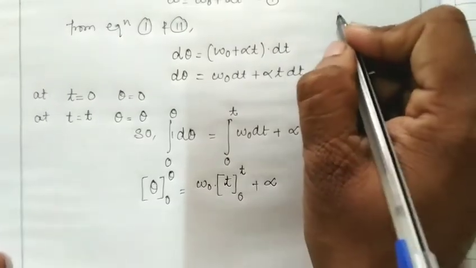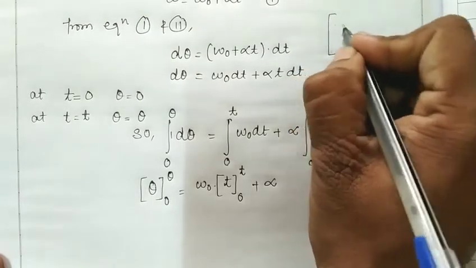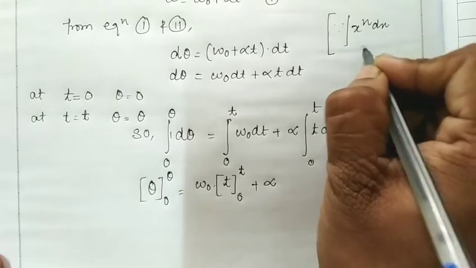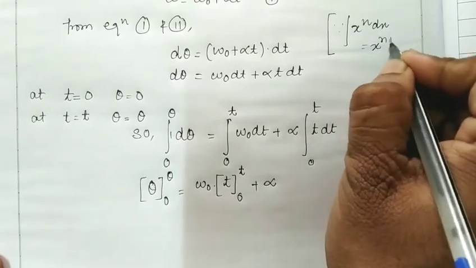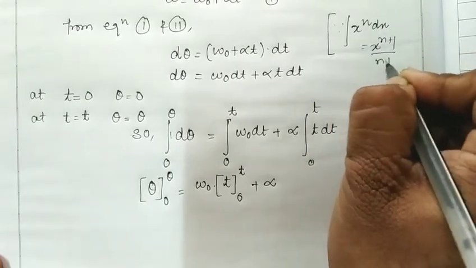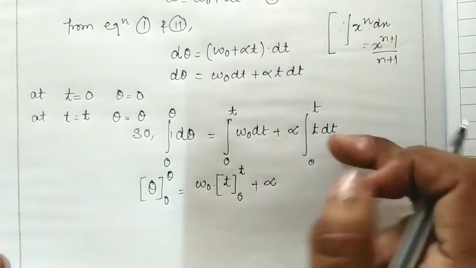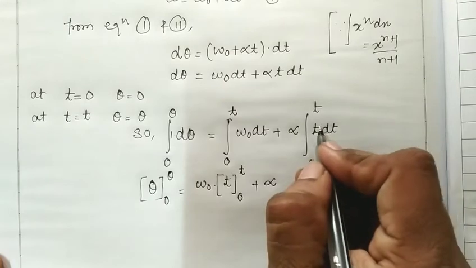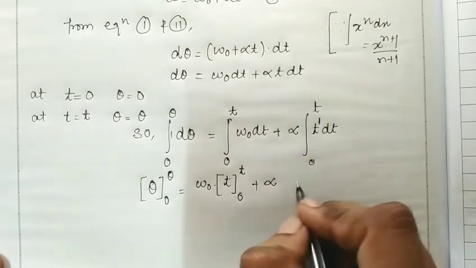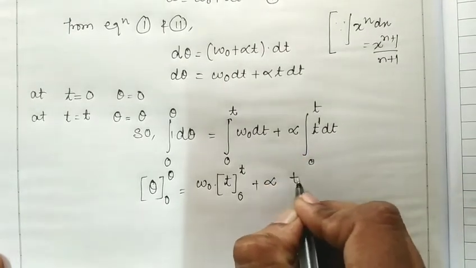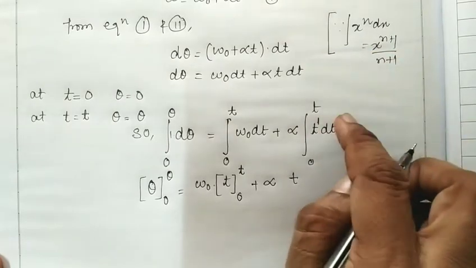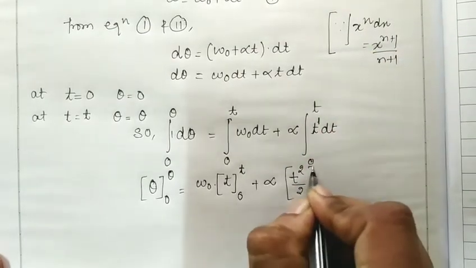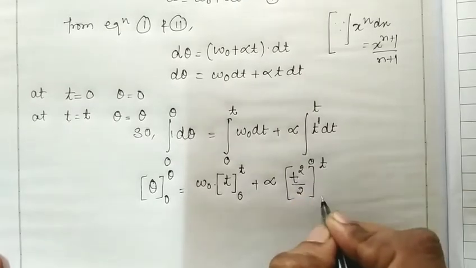By the formula, the integration of x to the power n dx becomes x to the power n plus 1 by n plus 1. Apply the same formula here. Instead of x we have t, and n is 1. So it becomes t square by 2, and again we put the limits t and 0.